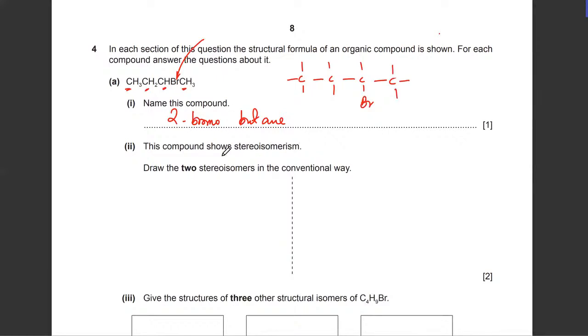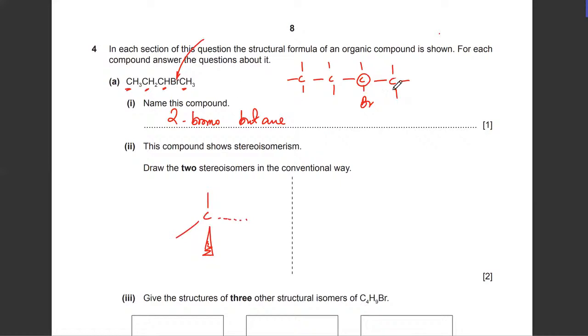This compound shows stereoisomerism. Draw the 2 stereoisomers in the conventional way. So there is stereoisomerism happening at this carbon, and we're going to draw the stereoisomers in the conventional way. So that is K. It's going to look something like this.